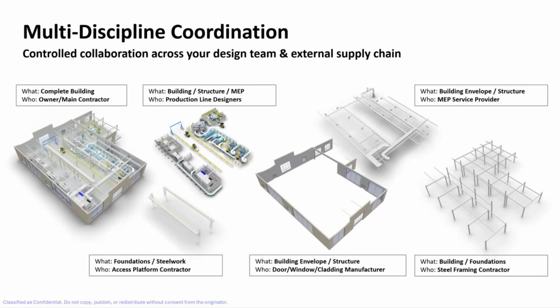So all this is multidiscipline coordination that needs to be done if we are working with a factory floor. Maybe you just do the factory equipment, the machinery, but you have to work with all these people also. So that requires quite a high level of coordination.